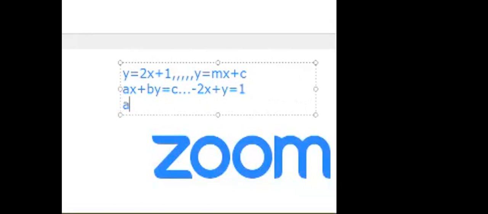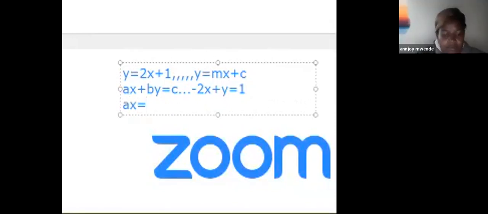If you are told to write the equation in the form ax plus by plus c is equal to 0, your equation will be minus 2x plus y minus 1 is equal to 0.